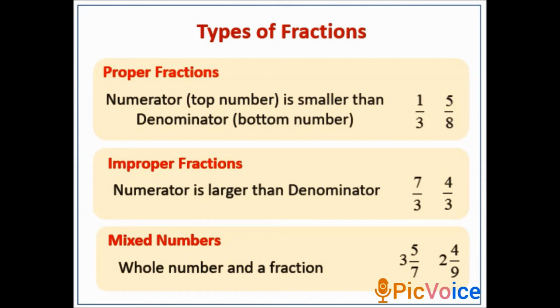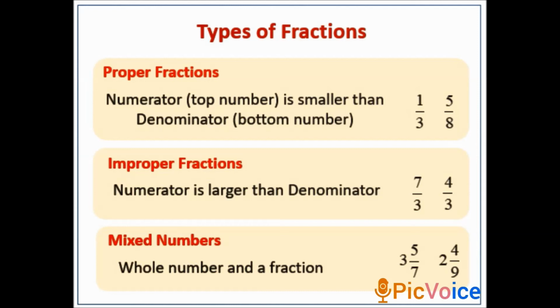What is the denominator? 3. Thus, the value of the numerator is less than its denominator. Similarly, in the fraction 5 by 8, 5 is smaller than 8. It means the numerator value is smaller than its denominator. So, we are calling such fractions proper fractions.